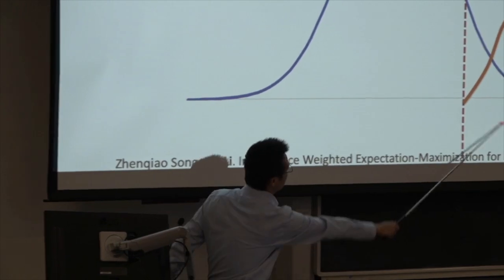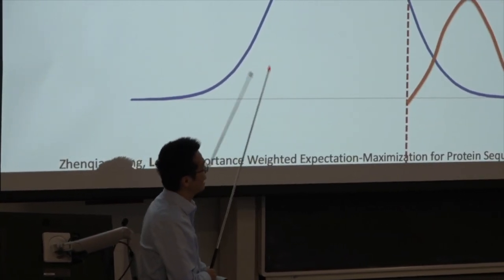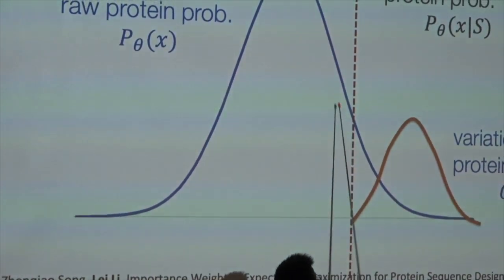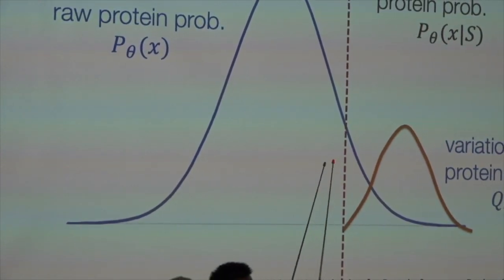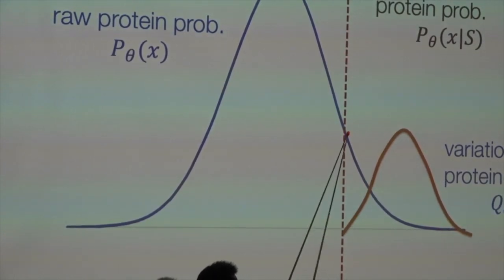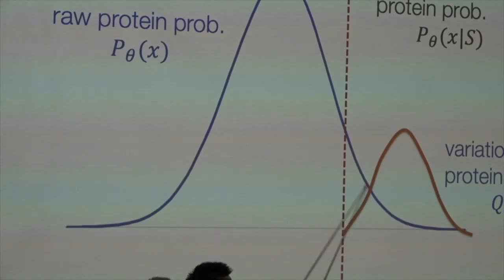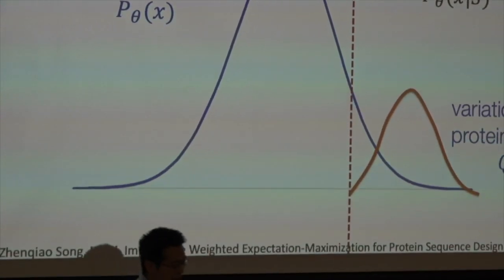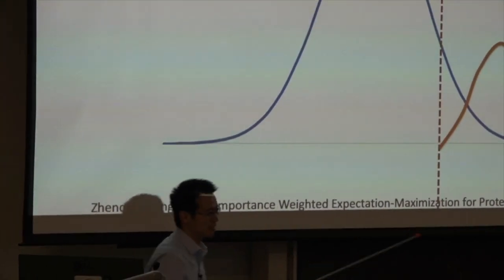The x-axis indicates the fitness score. The higher, the better. So we set a threshold here. All the proteins that are generated on this side are good. And you can immediately see the chances that you are generating these high quality proteins are very low, right? This right tail is very low.